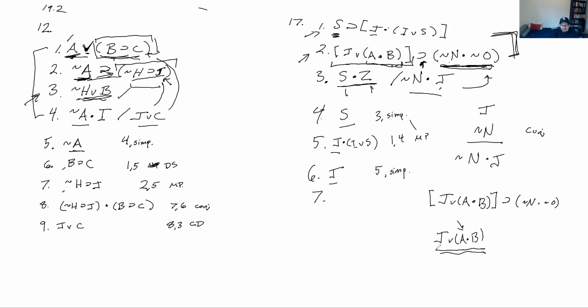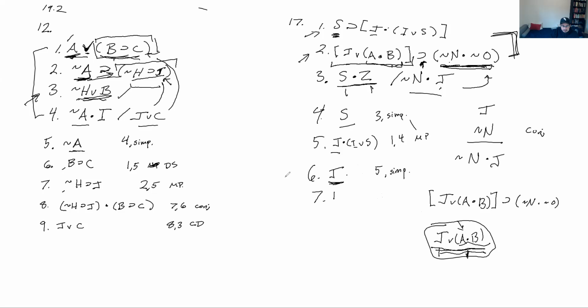This says that at least one of these is true. We don't know anything about A and B. Our argument doesn't give us anything about A and B, but we know that J is true. We know that J is true because of line 6. So if we know that J is true, we know that this sentence is definitely true, even if A and B is not true.